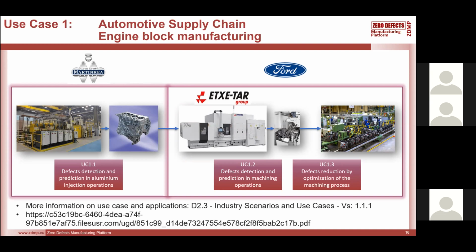This one's with Ford in Martin. They make engine blocks. Ford use the engine blocks. They are further milled by the ETXE group, and then Ford uses them in obvious places. And there's numerous zero defect techniques and processes which take place across there.